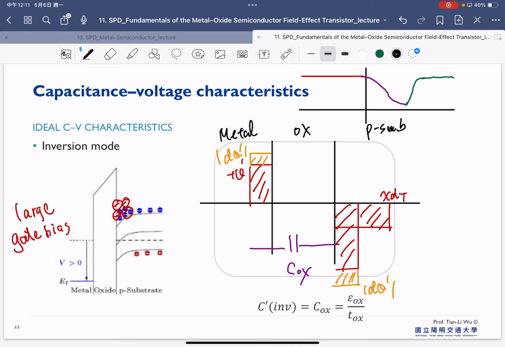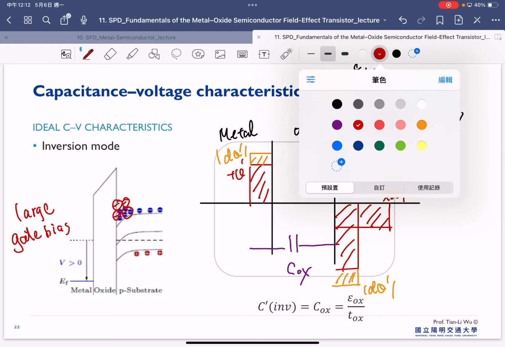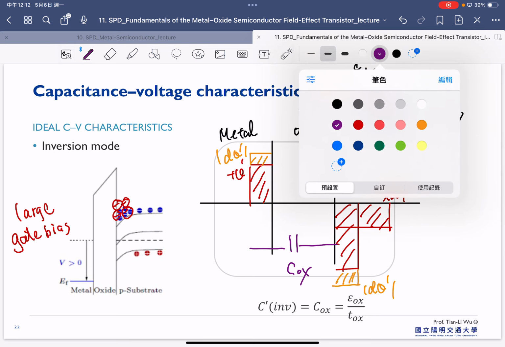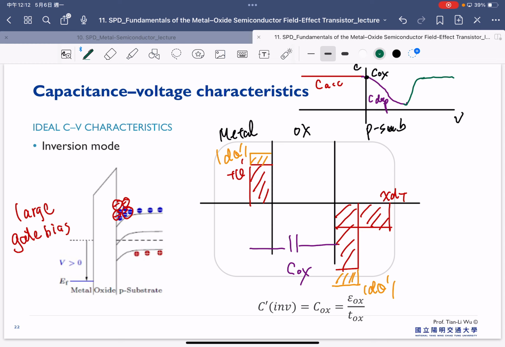So this is the point where you have Cox. This is the CV curve, and on the left-hand side is C_ACC, and this is C depletion, and we also have the C inversion here.